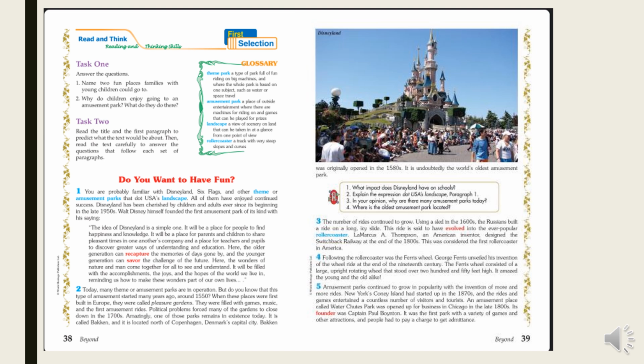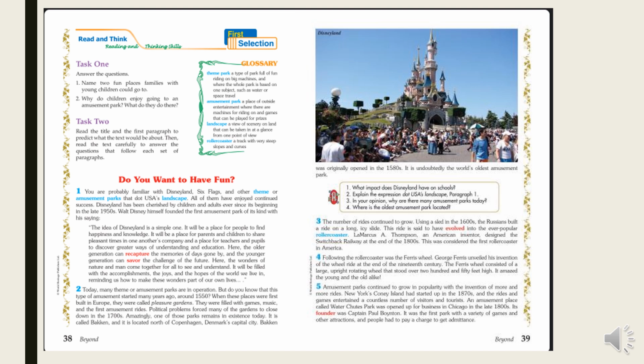When these places were first built in Europe, they were called pleasure gardens. They were filled with games, music, and the first amusement rides. Political problems forced many of the gardens to close down in the 1700s. So these amusement parks were closed in the 1700s due to political problems.